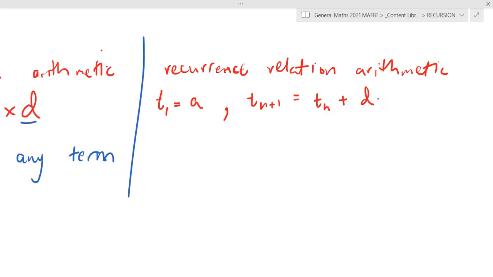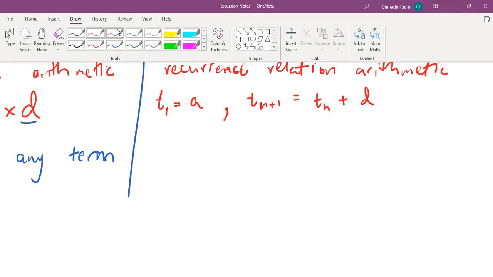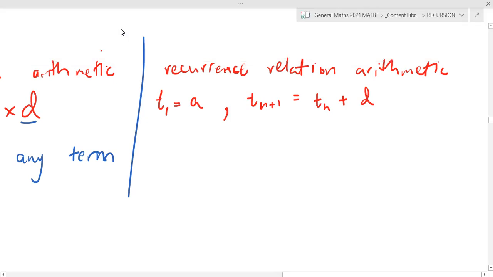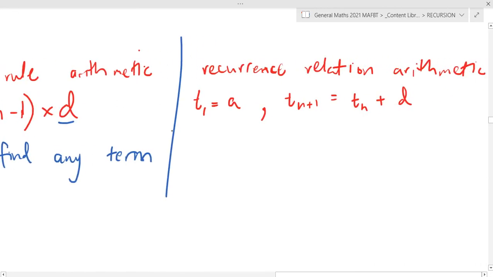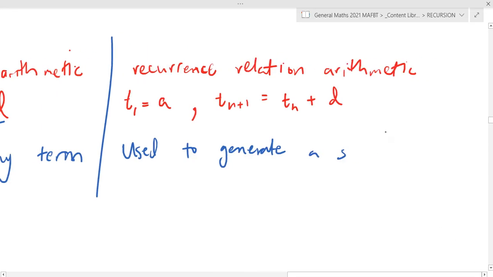It's basically a set of instructions, and this is the difference between both of them. The arithmetic nth term is used to find any term, but a recurrence relation is used to generate a sequence. So what that means is if you want to make the first 5 numbers in a sequence, this is what you use.